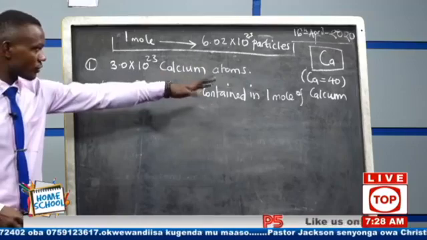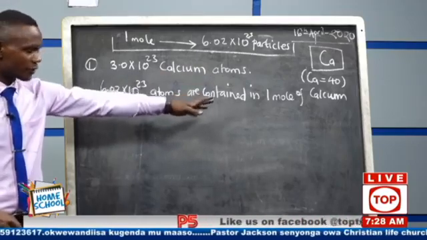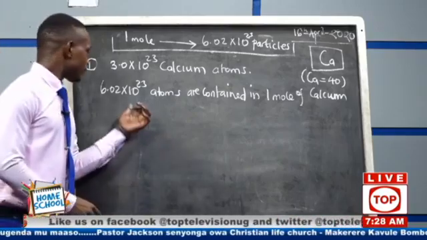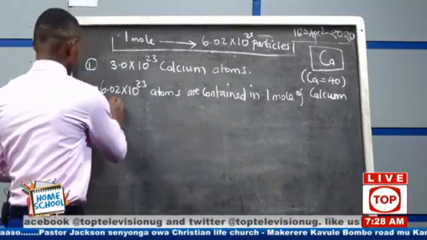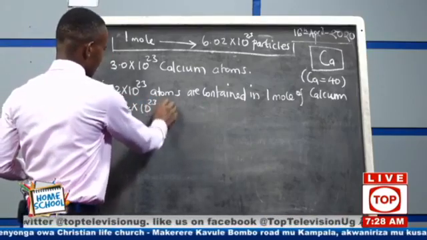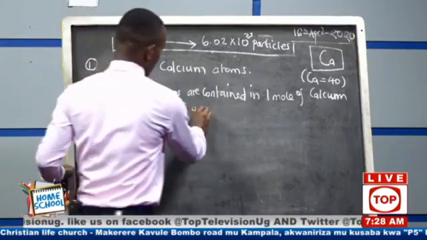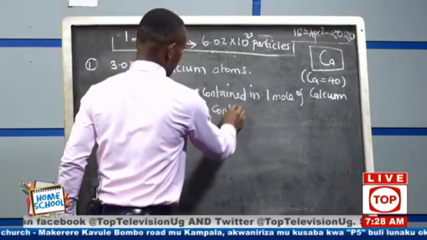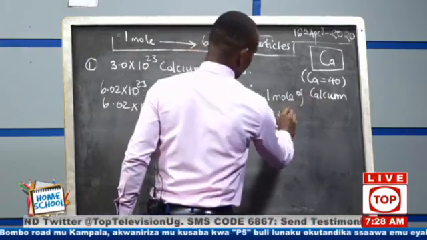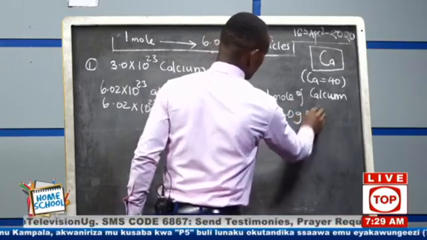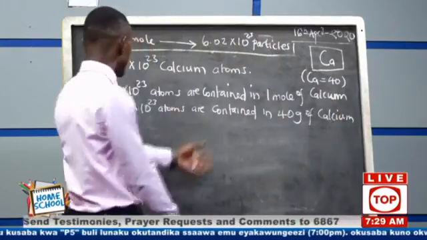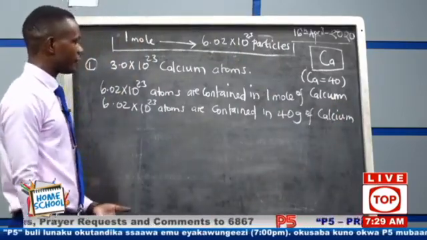Then you just add grams to get the relative atomic mass. So you come here and say 6.02 times 10 power 23 atoms are contained in 1 mole of calcium, which is 40 grams of calcium. We don't need moles here. We need grams and number of particles in this question.